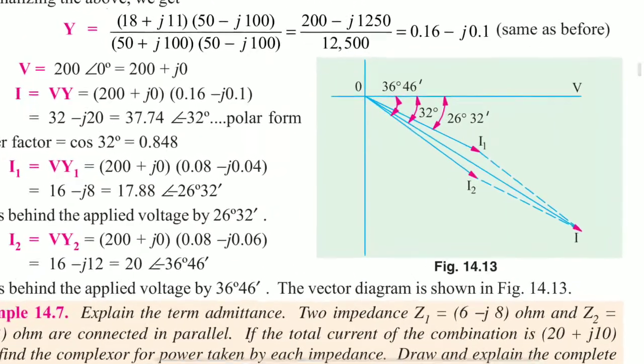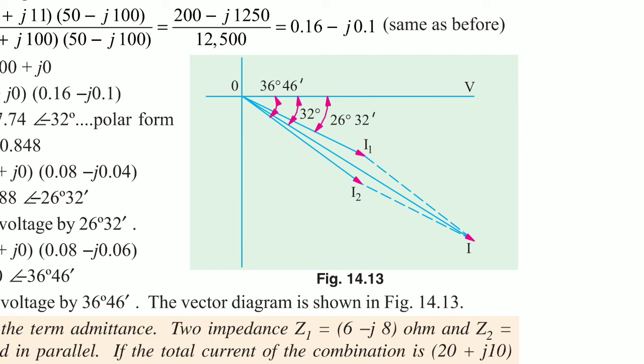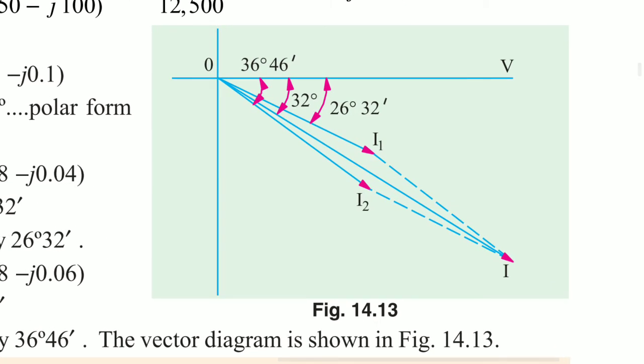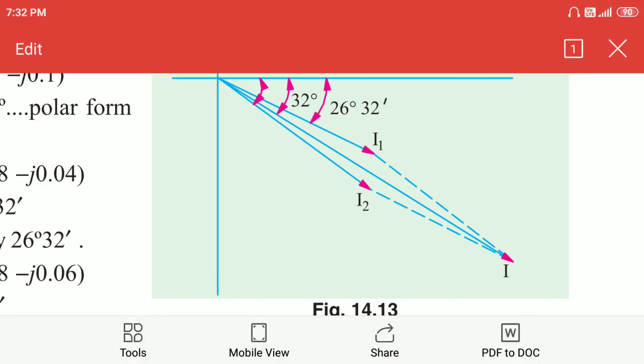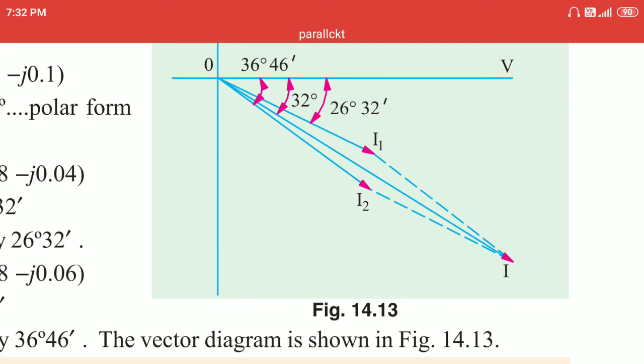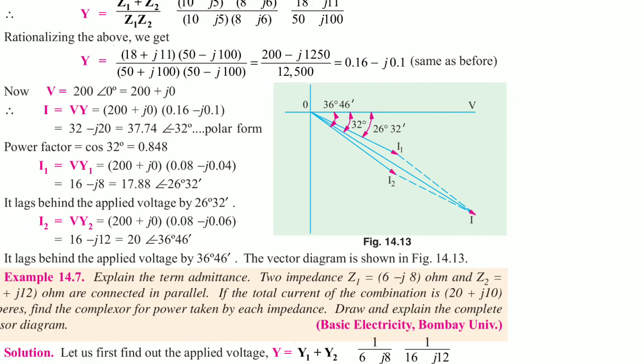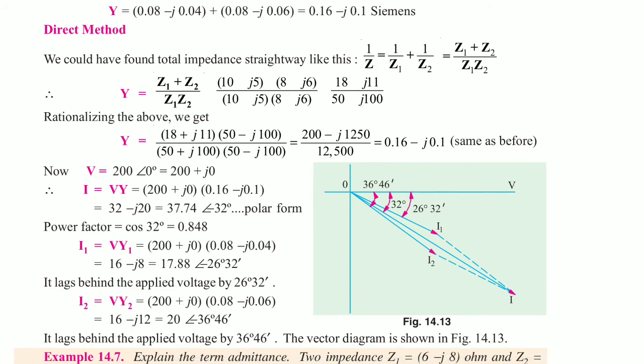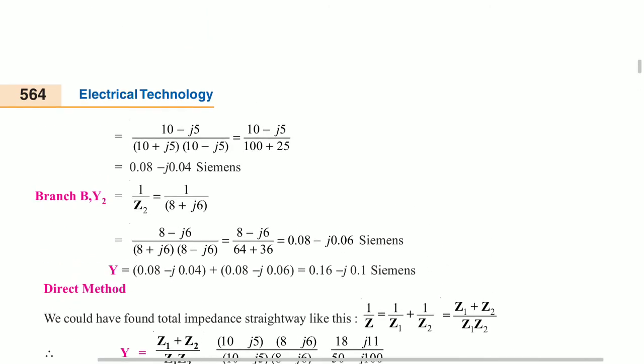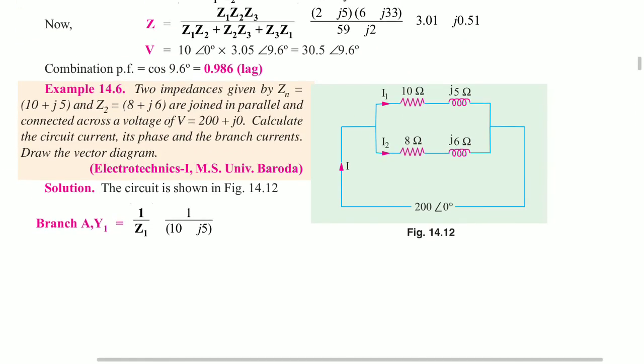This is the phasor diagram drawn here. I1 and I2 give the resultant I, so the resultant current I lags by 32 degrees with respect to the voltage V. So from this vector diagram we have calculated I1, I2 and I. So this is the answer for this question.